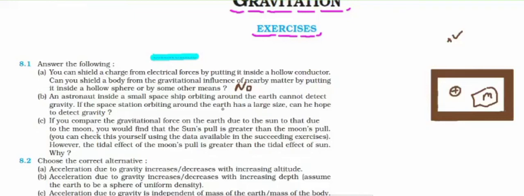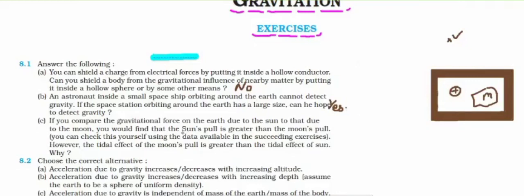So there will be gravitational force due to the space station. So the answer is yes. The astronaut does not experience any gravitational force due to Earth, since the spaceship is freely falling, but will experience gravitational force due to the spaceship.